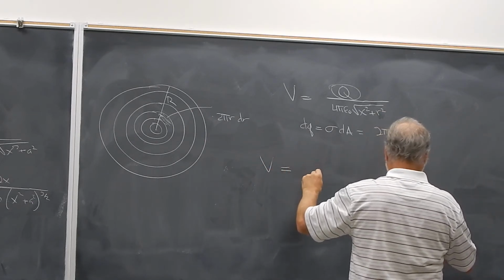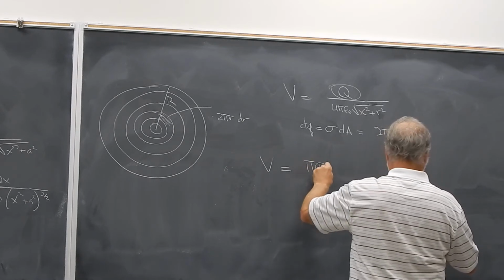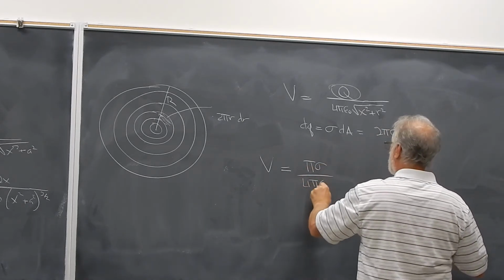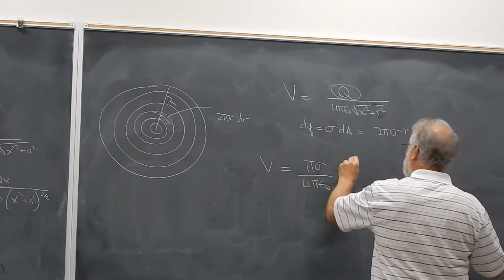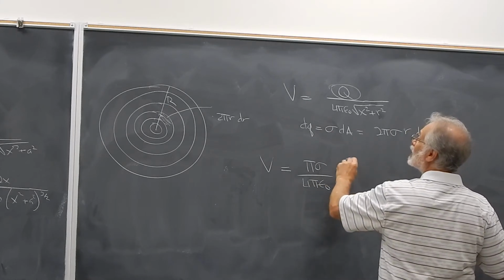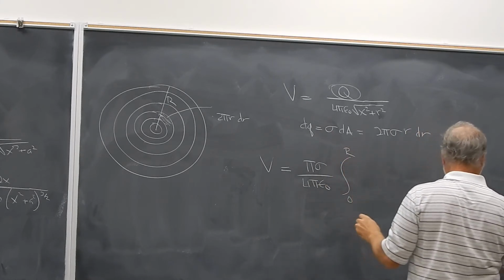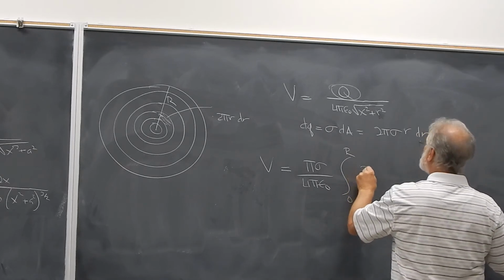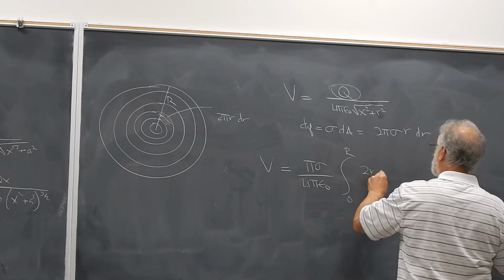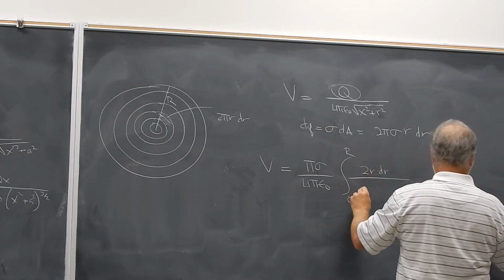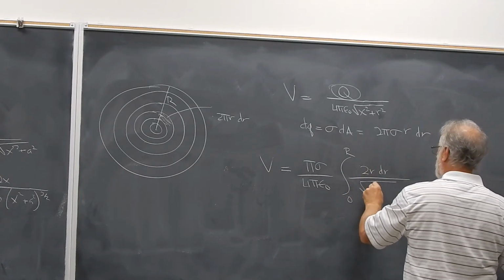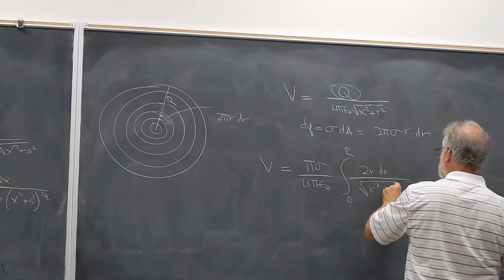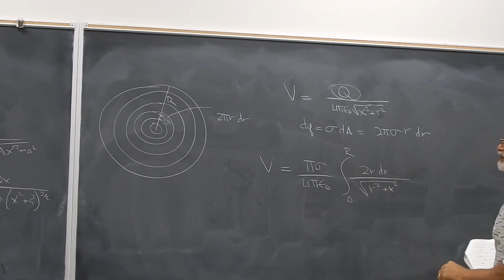I'm going to take pi times sigma over 4 pi epsilon naught, integral from 0 to R, and I have 2 r dr divided by the square root of r squared plus x squared.